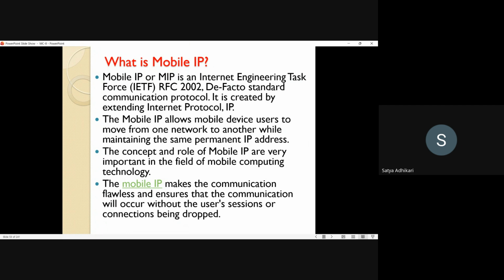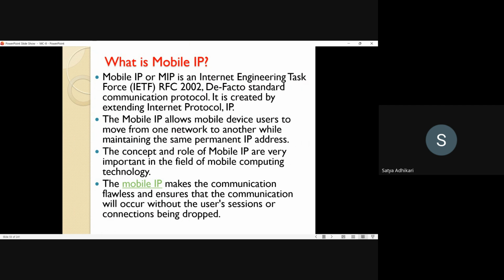The mobile IP allows mobile devices to move from one network to another while maintaining the same permanent IP address. That is, when we are moving, our communication will not drop. There is no disconnection.